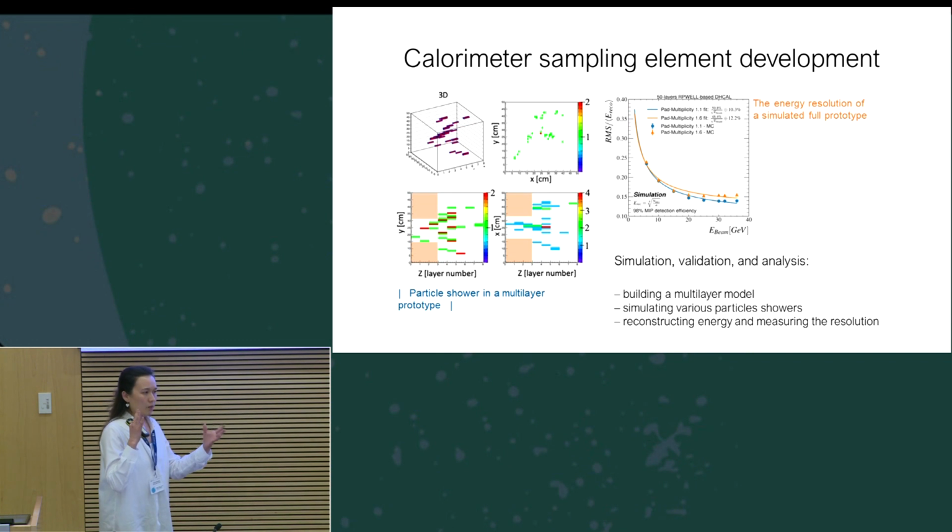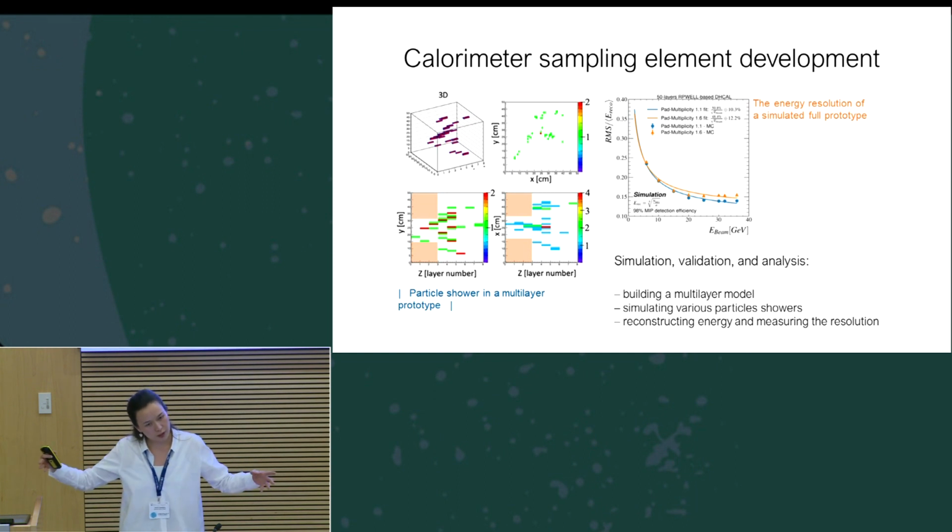Based on the characterization, on the performance, since it has to be scientific, I put plots. And it doesn't stop here. We don't just characterize, we also do simulation. Based on the data that we have, we build a simulation model of a full prototype.